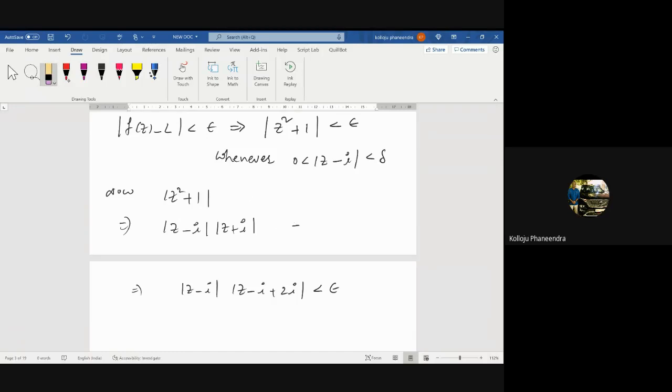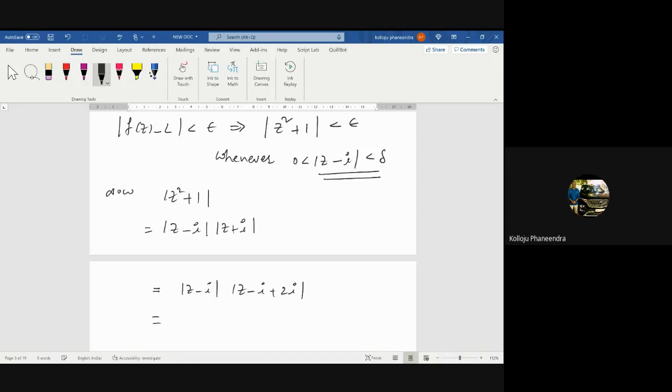So let me clearly explain this. Now, mod z minus i is less than what? Delta.